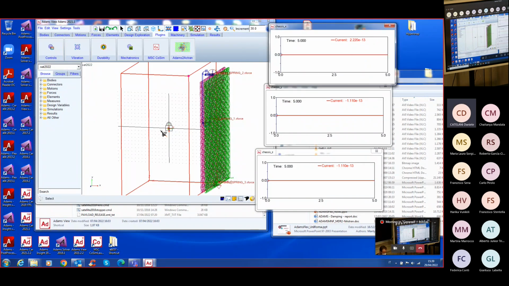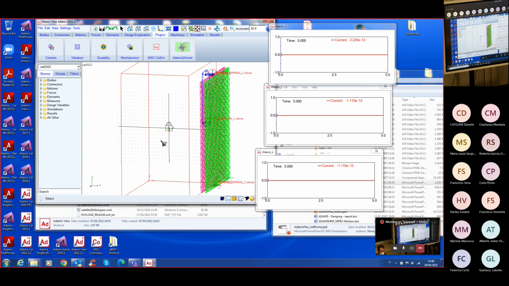Due to the fact that we have a fixed joint here, the satellite at the moment is fixed to the ground, so there is no movement of the center of mass of the chassis.